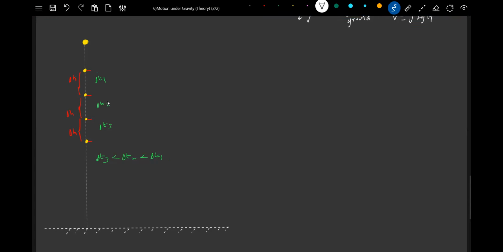Okay, now similarly, I'll bring another. Just now we discussed that. I'm trying to conclude here. Let's take this one. I'll release this object from rest. There's a particle, I'll release it. For equal time intervals, we'll take it now. Just now, previously what we discussed, that only for equal time intervals.